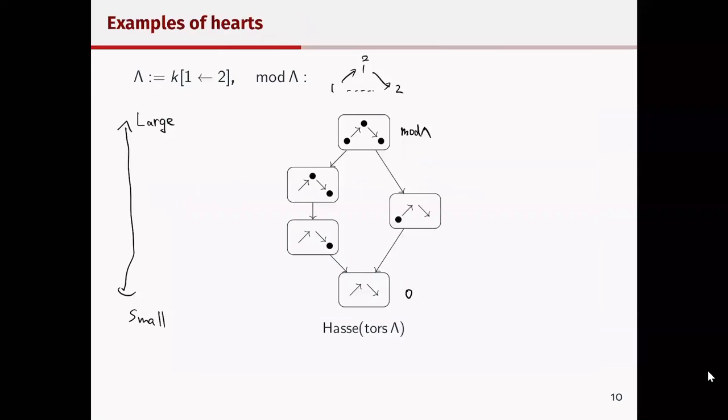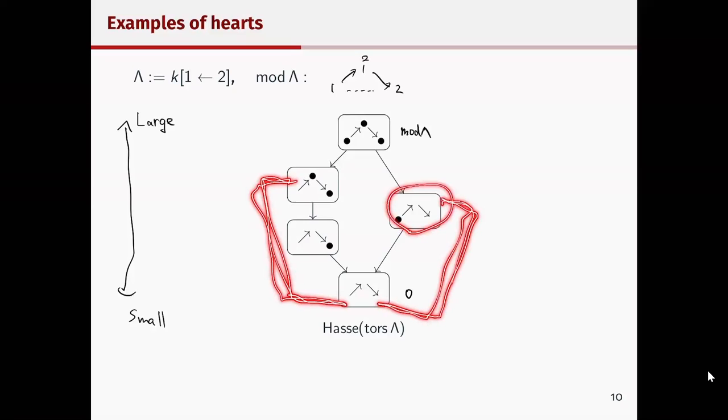This is the A2 quiver case, and this is the Hasse quiver of torsion classes. This is the smallest, zero, and this is the largest, mod Λ. If we consider an interval like this from 0 to some other torsion class, then we obtain the torsion class this. The heart of this is this, and the heart of this is this.